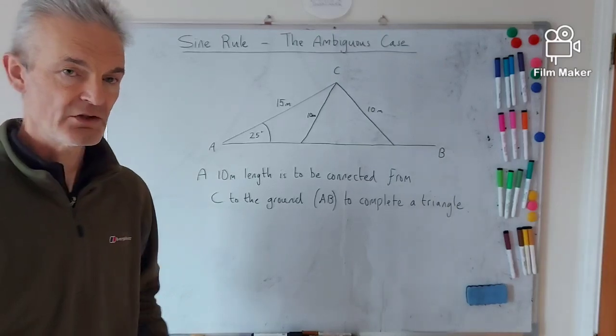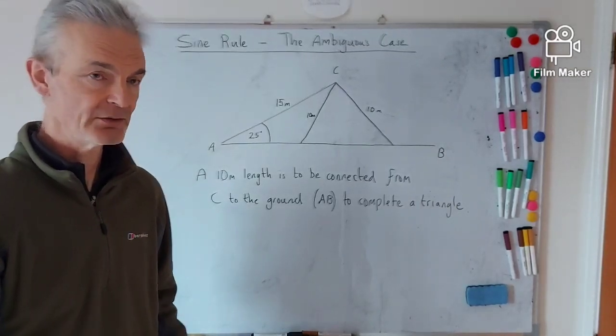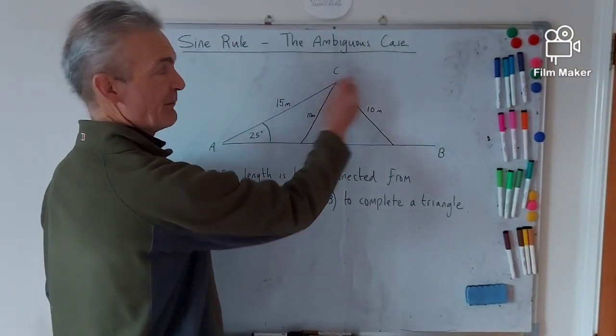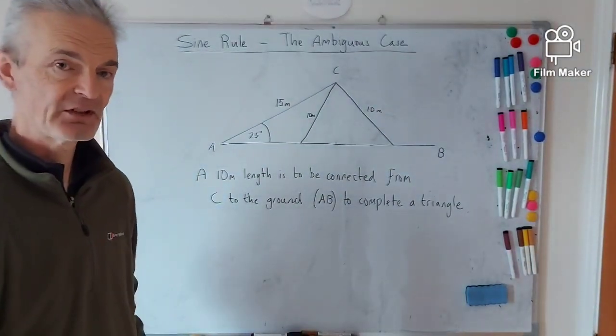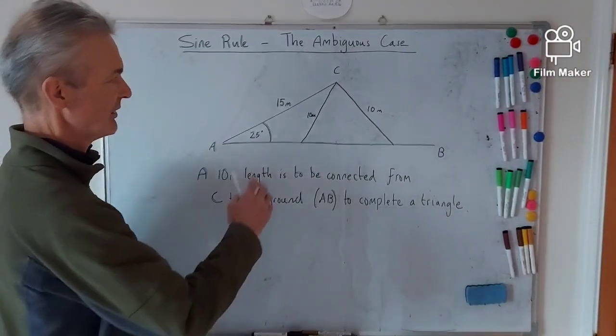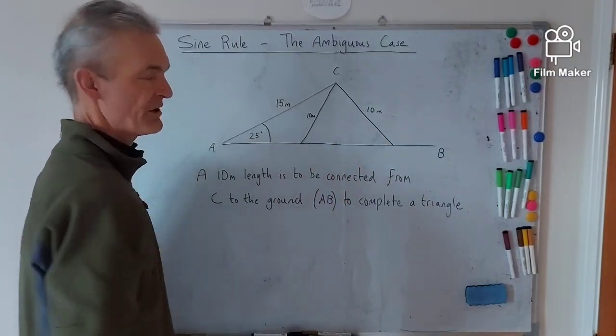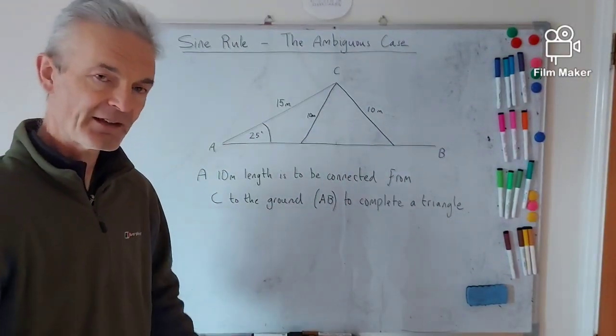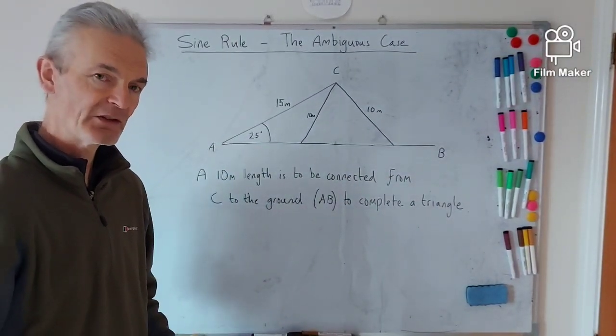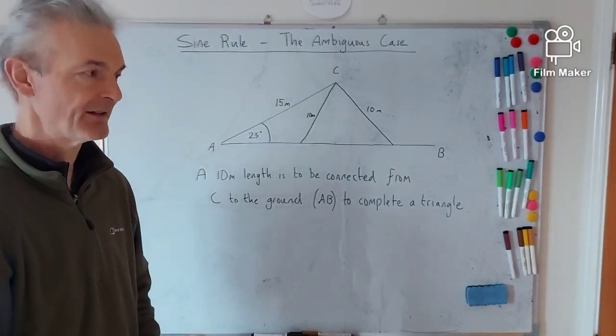So we're not sure which way it's got to go, hence the ambiguous case. That's why it's called that. So how do we know which line to put in? That's going to depend on the way the question is phrased.